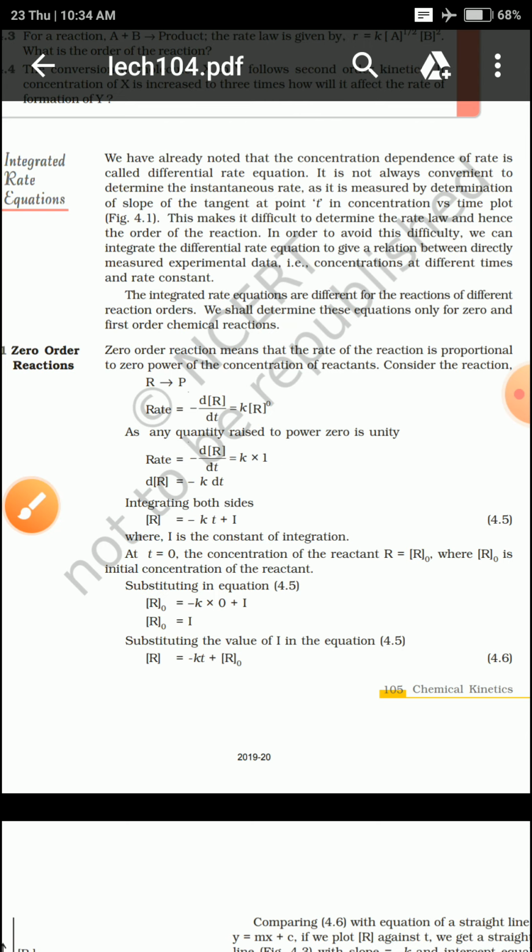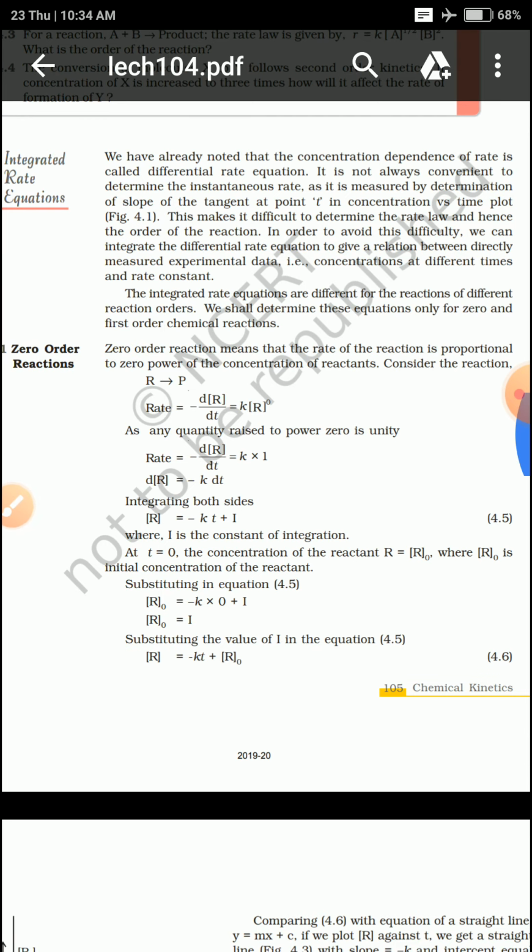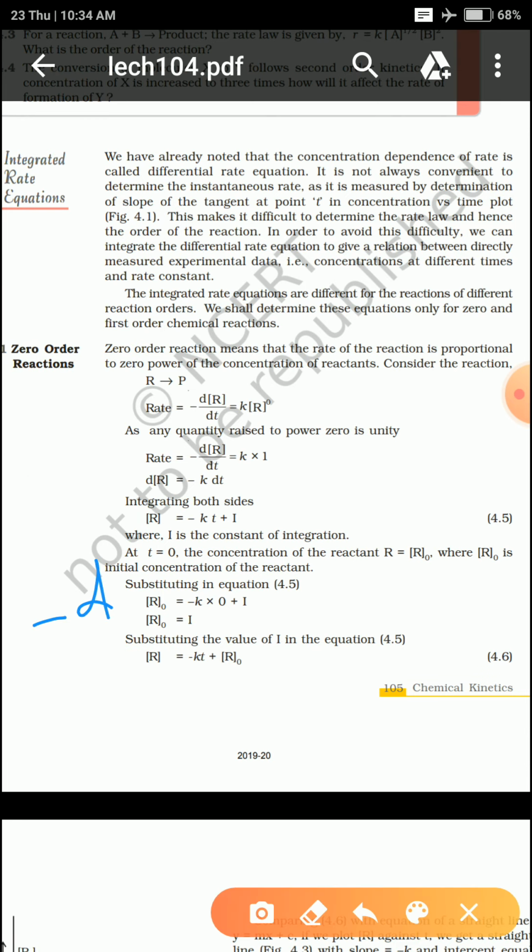So we can write minus dR by dt equals K into 1.